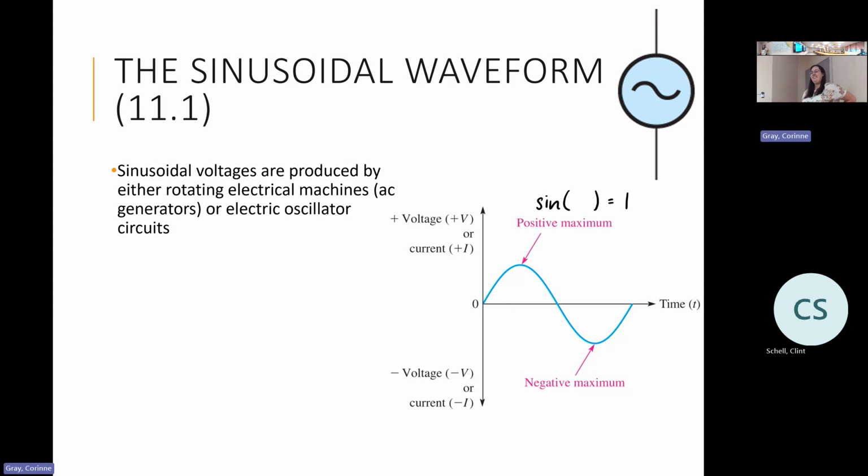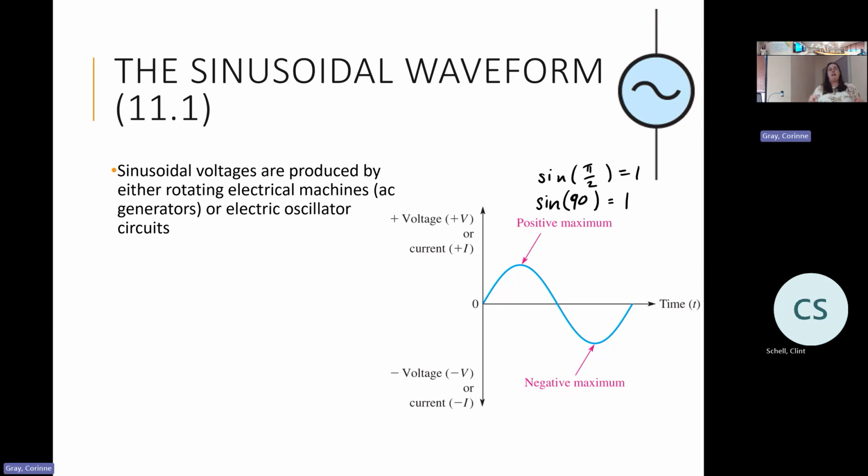In either degrees or radians, I don't care. It's not 45. That gets the square root of 2 over 2. It's going to be at 90 if we're looking at degrees, or pi over 2 if we're looking at radians.